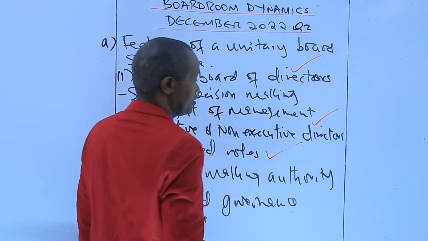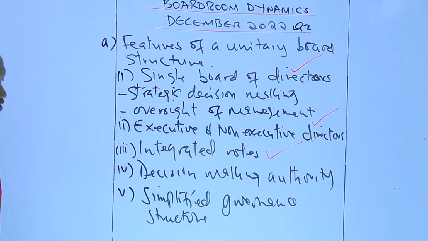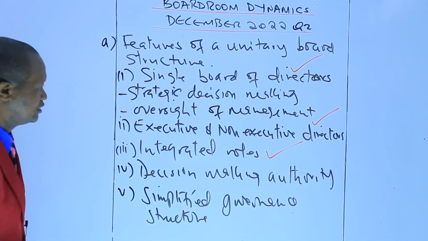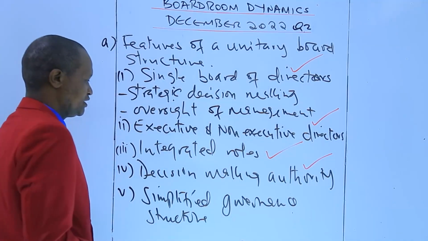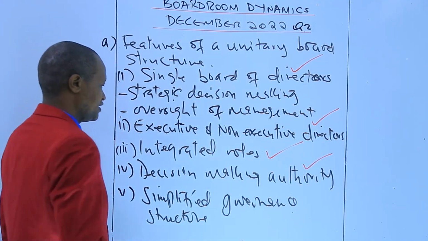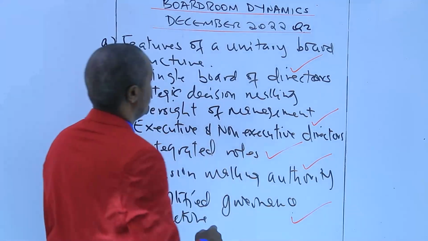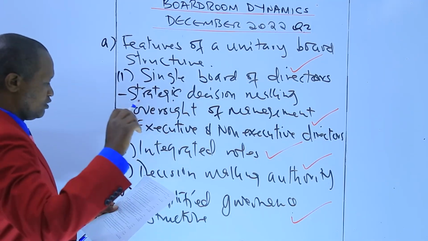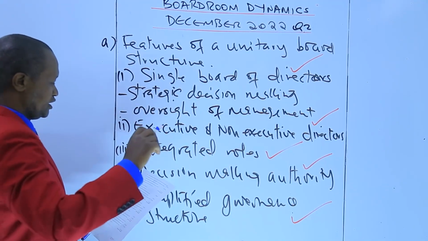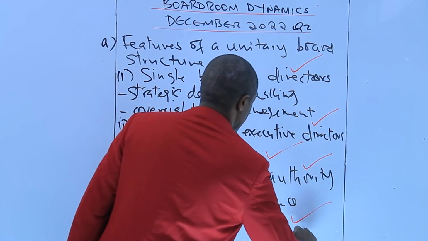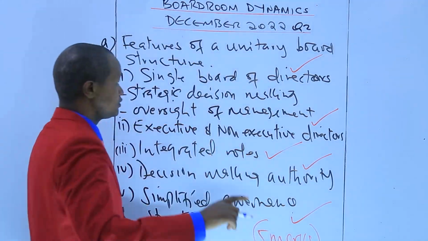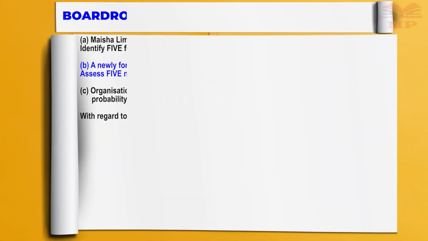They have collective responsibility. Number 4 is decision-making authority. And lastly, it is a simplified governance structure. These are 5 features of a unitary board structure, 5 marks. That is part A of question 2.